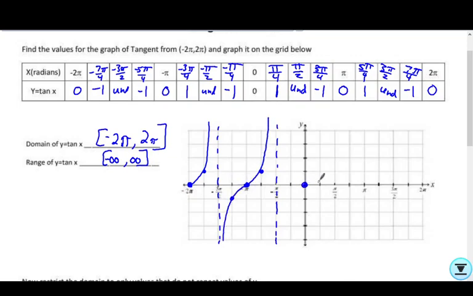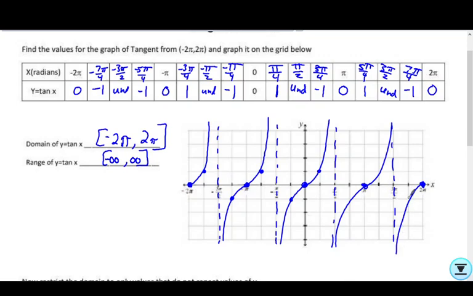That 0, 0, 0. When you graph it, it's going to look like this. So there's the parent function of tangent.